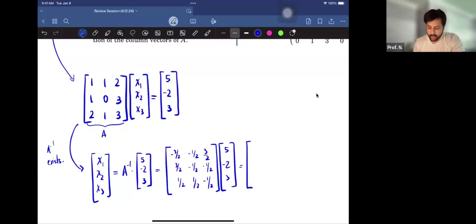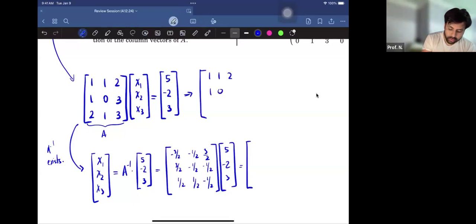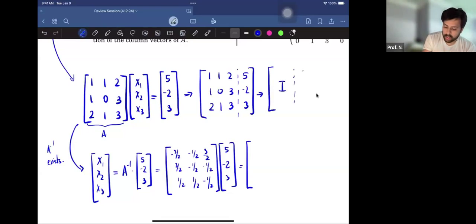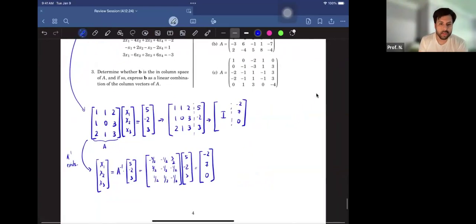You guys know several ways now to solve systems. One way is by doing this matrix multiplication by the inverse, and the other way is by augmenting the matrix and row reducing it. So if I do that instead, 1, 1, 2, 1, 0, 3, 2, 1, 3, augmented with 5, -2, 3, and row reduce that, I get the identity, and I get -2, 7, 0. So my answer will be -2, 7, 0, and that would be the solution.